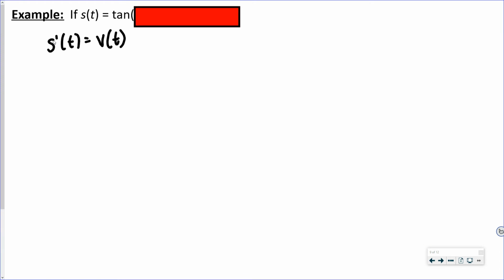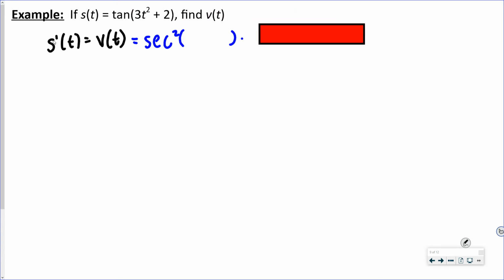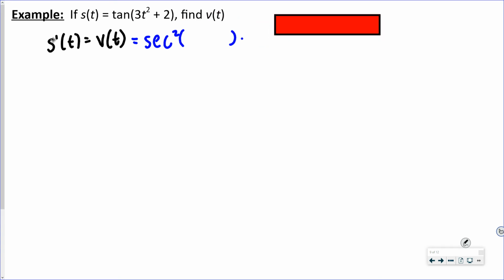All right. So I have tangent. Okay, guys, here's a chance to redeem yourself. What's the derivative of tangent? Secant squared. Secant squared of red box times derivative of red box. What's inside the box? 3t squared plus 2. So times the derivative of the inside would be 6t, and then derivative of 2 is just 0.